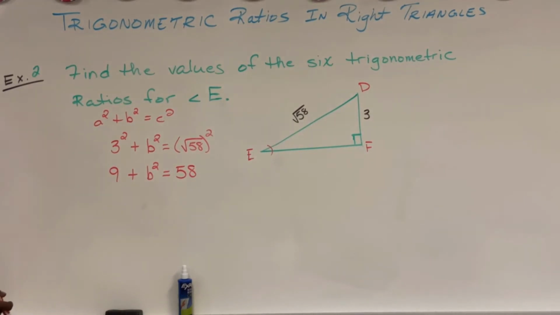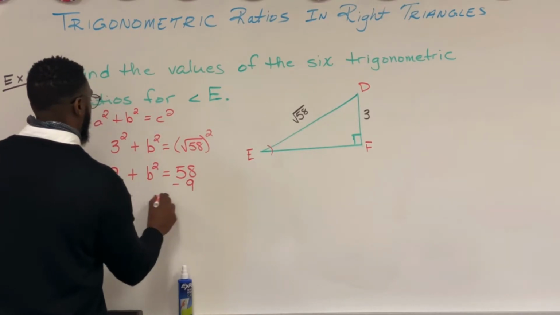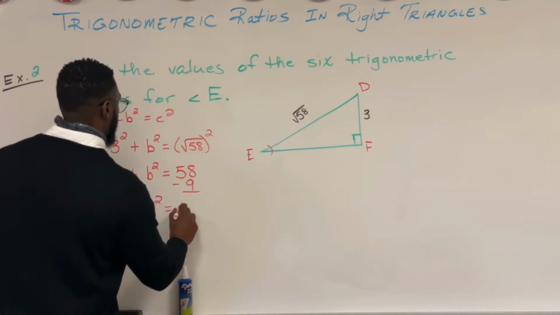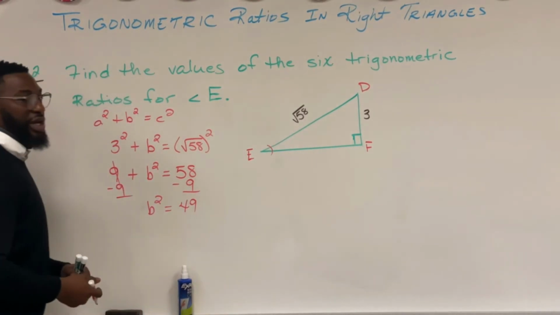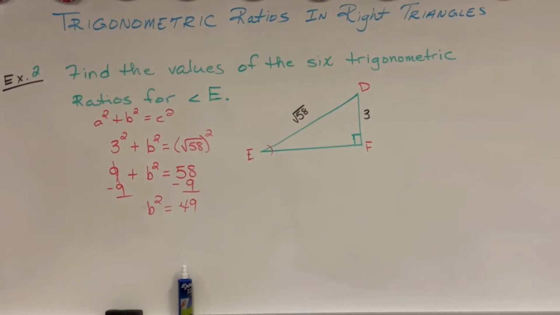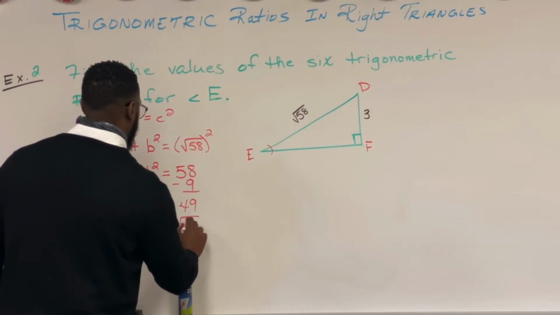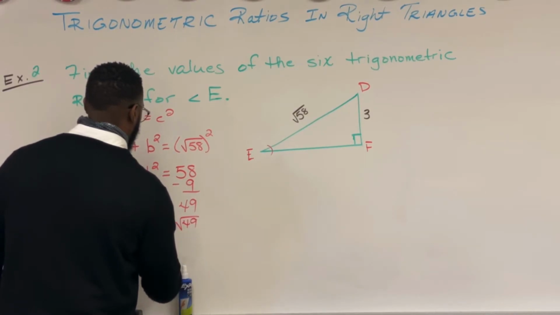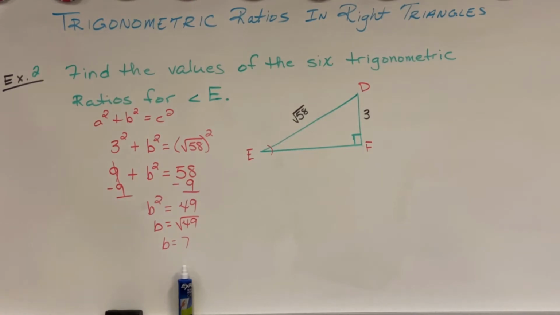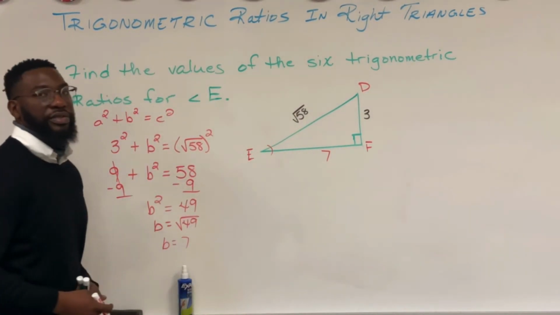Next, one-step equation, we subtract 9. b squared equals 49. Whenever we have a variable squared, we take the square root of the number. The square root of 49 is 7, so b equals 7. Missing side is 7.